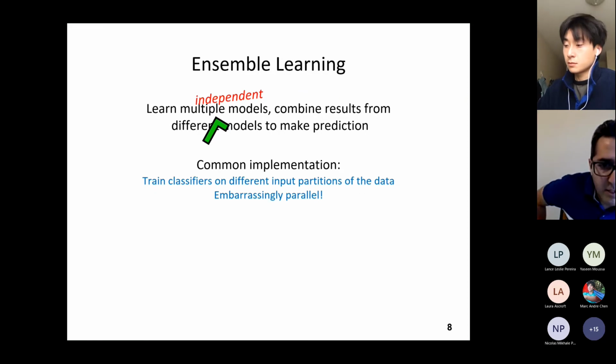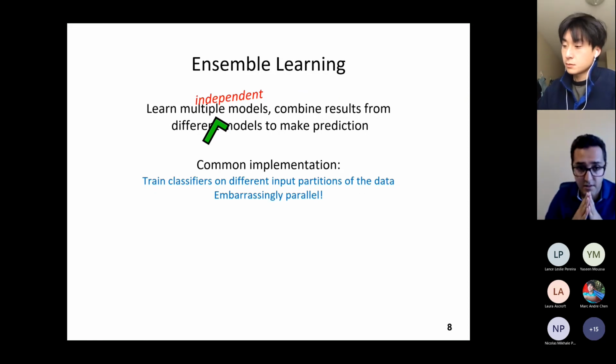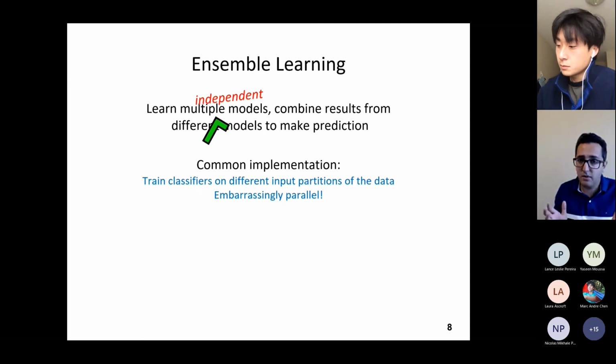One common way of implementing ensemble learning is that we partition our data. For example, we divide the data into 4 chunks, and then we train a model on each chunk of data. It can be the same model, for example, logistic regression.